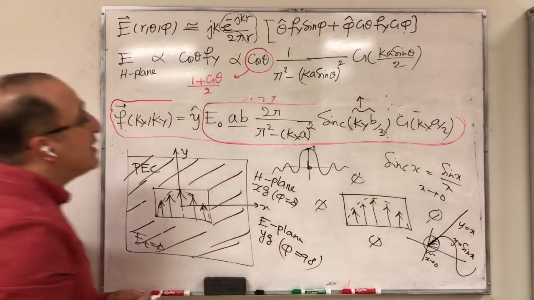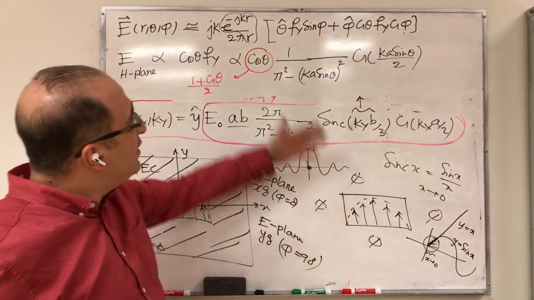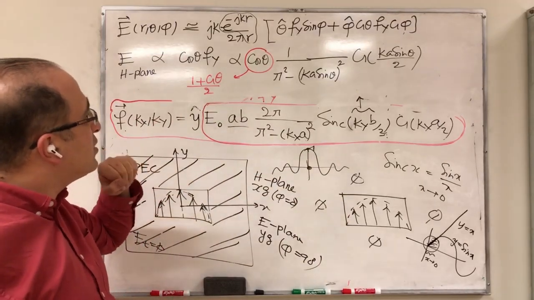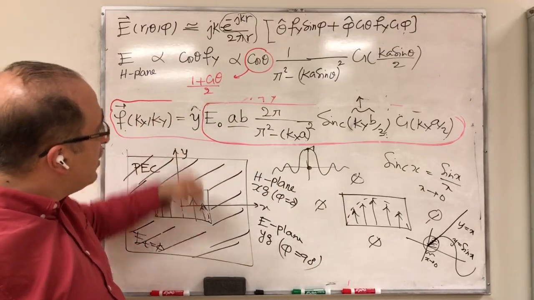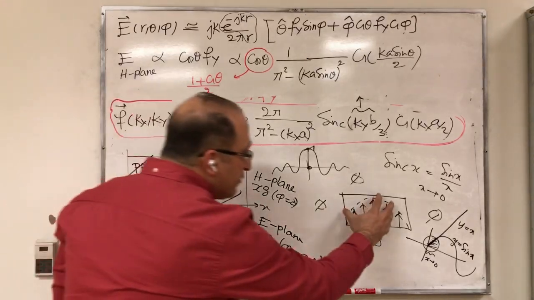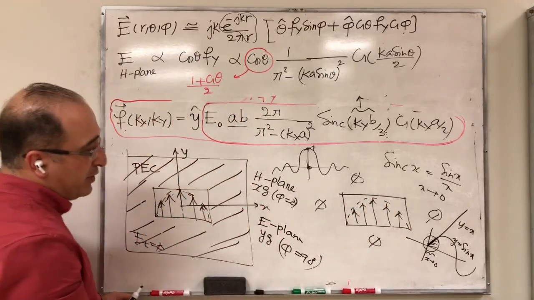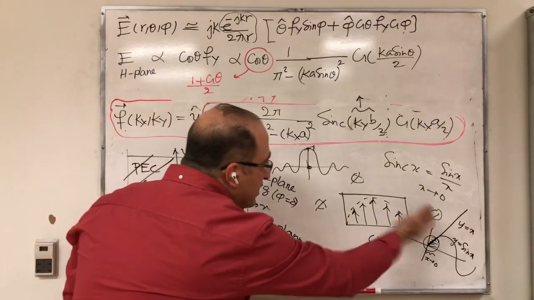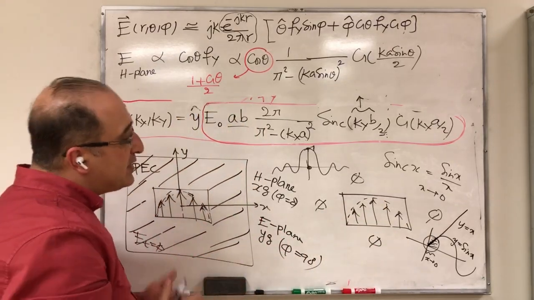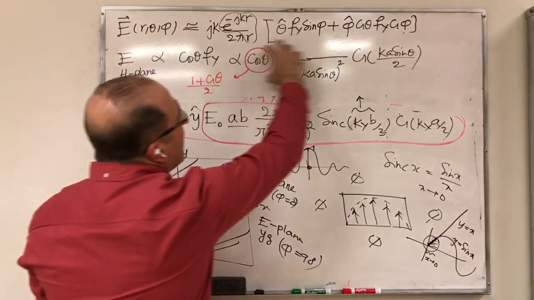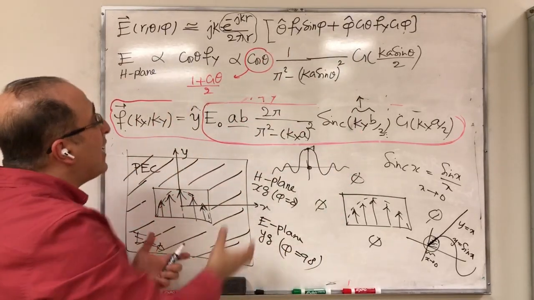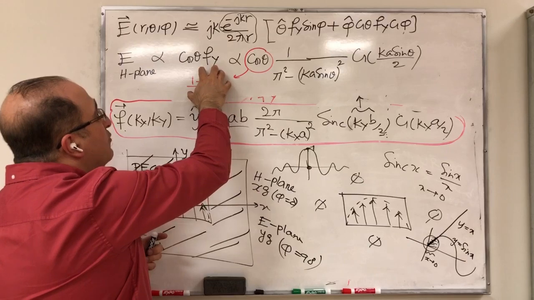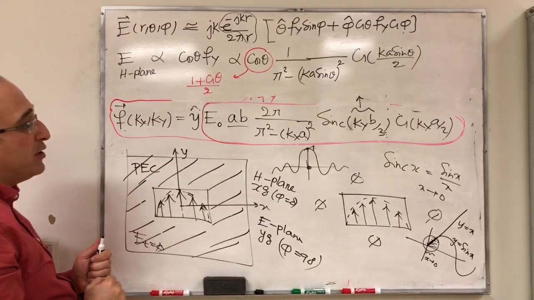So when you are solving this problem with no PEC plane, you are just assuming that there is a PEC plane without really a PEC plane being there, and you get this answer. But the correct answer would be with 1 plus cos theta divided by 2.